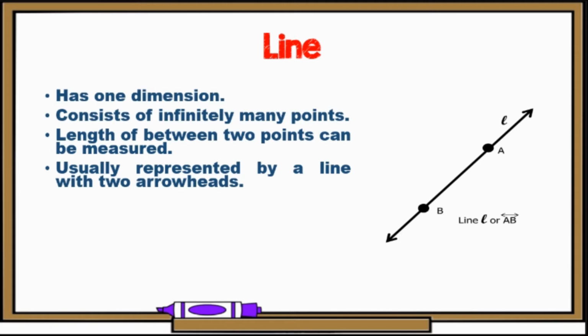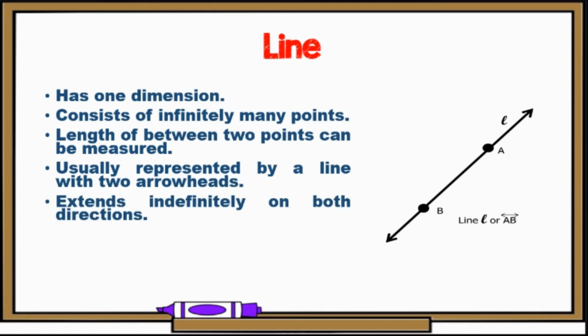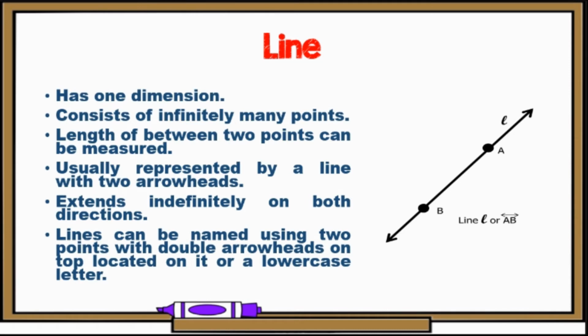It is usually represented by a line with 2 arrowheads, as shown in the figure on the right. It extends indefinitely on both directions. And lines can be named using 2 points with double arrowheads on top located on it, or a lowercase letter. So here we can have 2 names for our line.